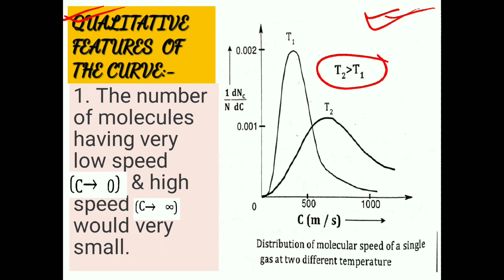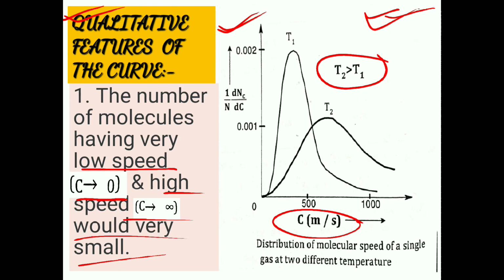The number of molecules having very low speed, that is c tends to 0, and very high speed, c tends to infinity, would be small. These are the qualitative features of this curve, where we plot c on the x axis. c is the speed of the gas molecules in meters per second, and 1/n dn_c/dc is the probability of finding a molecule in the speed range c to c plus dc.